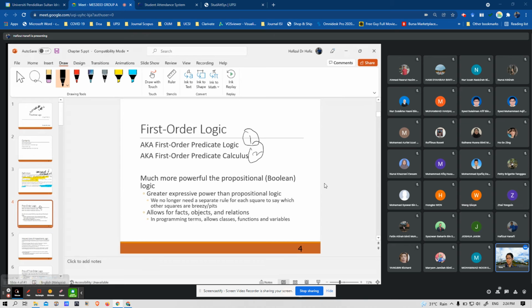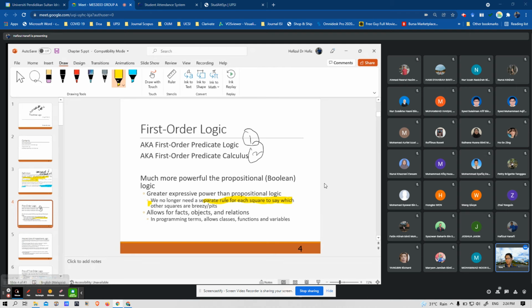It is more or less like Boolean. It is more powerful than propositional Boolean logic, and it has more expressive power than propositional logic, so that we can analyze by the rules, and you can separate the premises.